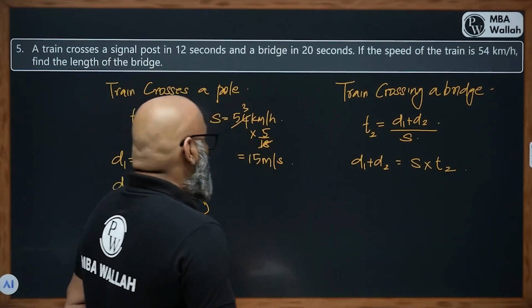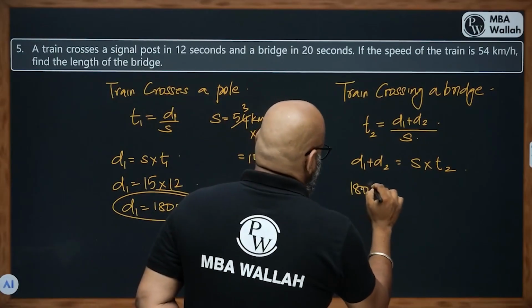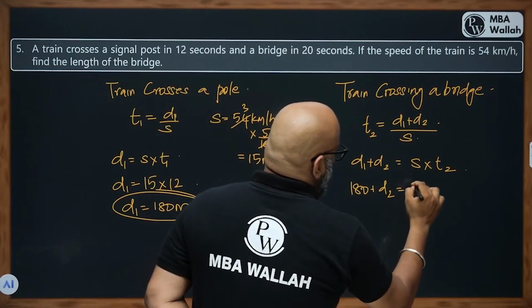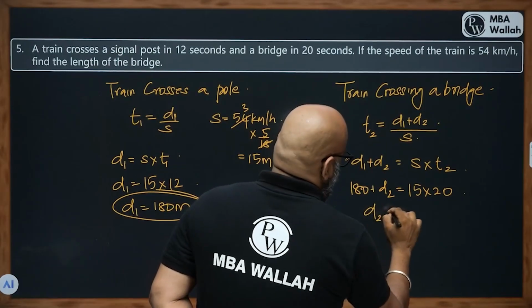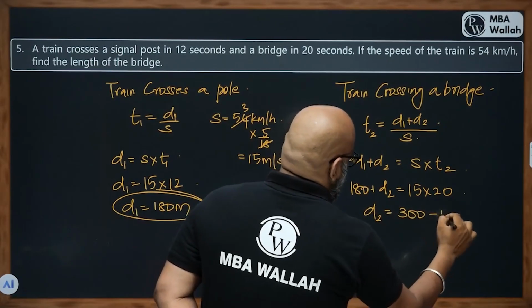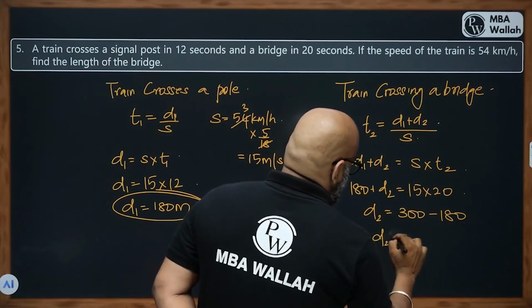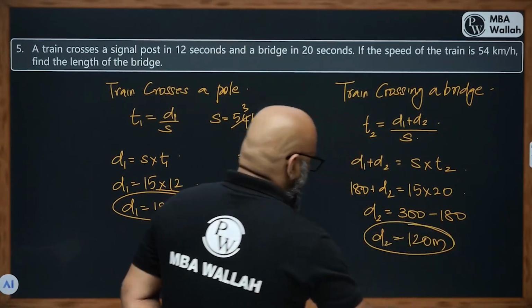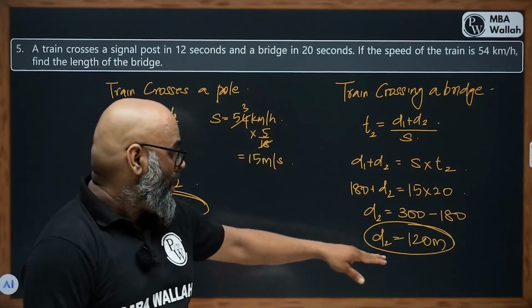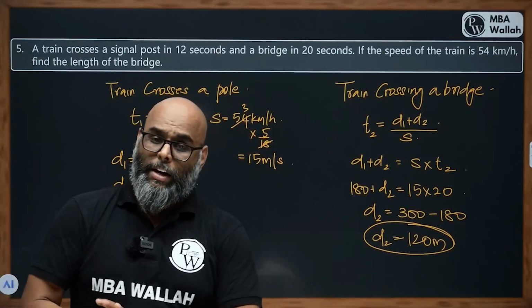We know the length of d1 is 180. 180 plus d2 is equal to 15 into 20. d2 is equal to 300 minus 180. d2 is equal to 120 meters. So the length of the bridge is 120 meters. That's the way you get it done.